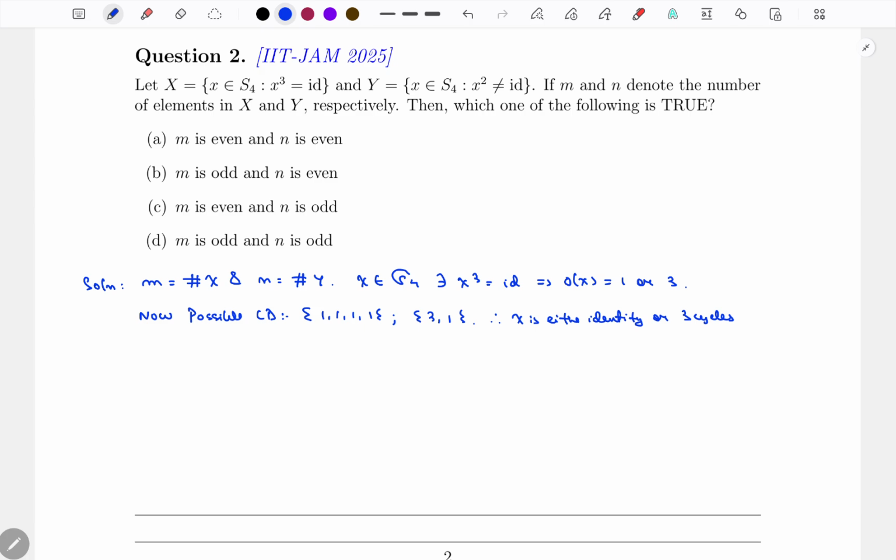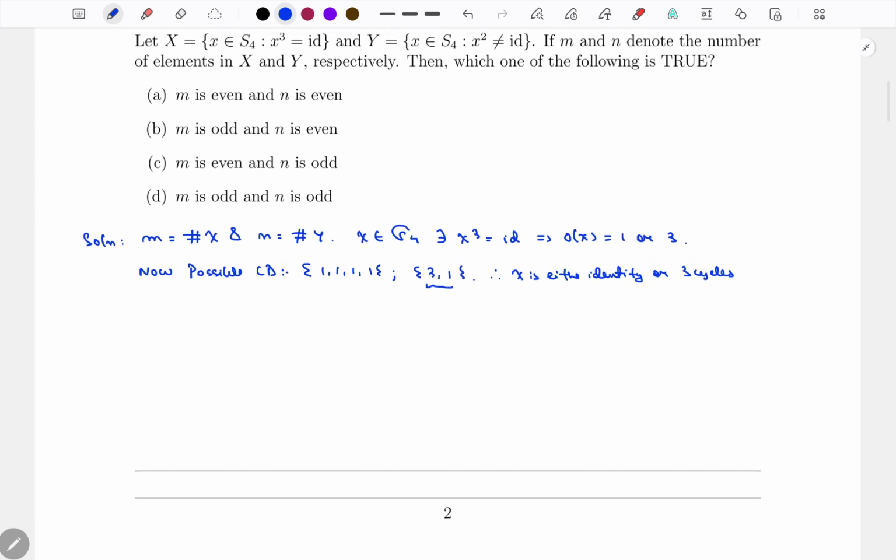And what is the number of elements that admit this sort of cycle decomposition? Cardinality of X should be 1, which accounts for the identity element, plus 4 factorial divided by 3 to the power 1 times 1 factorial, which is nothing but 8. So 1 plus 8, which is 9.